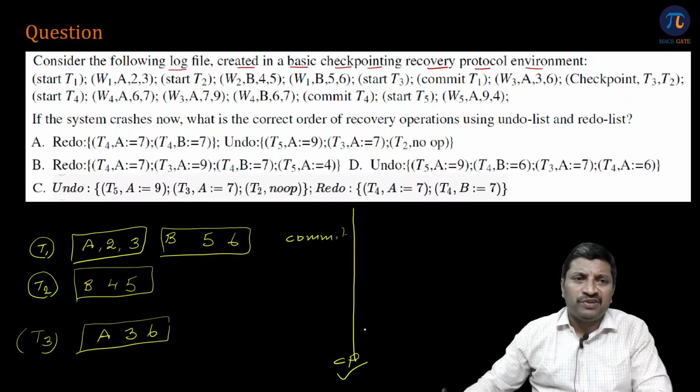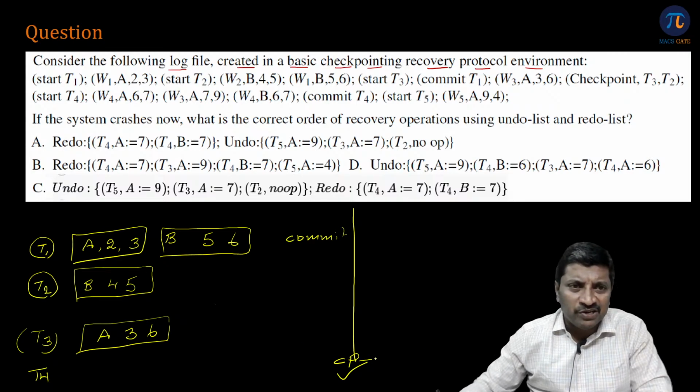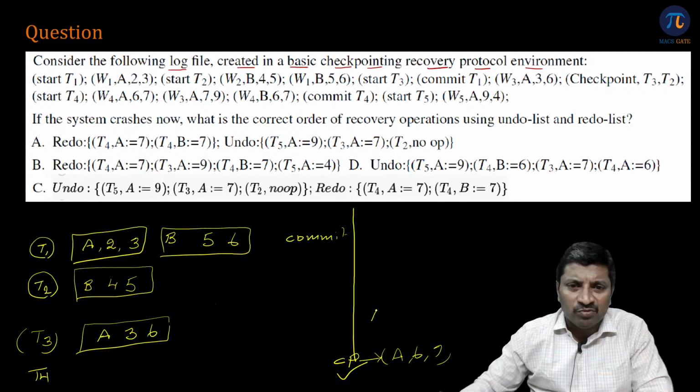Up to here everything is fine. Then T4 was started. T4 has the first operation on A 6 to 7. Then T3 has one more, A 7 to 9.